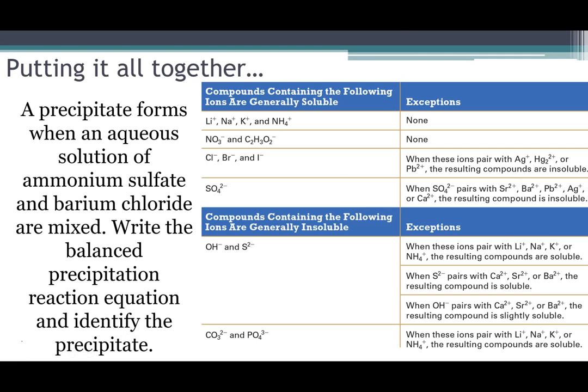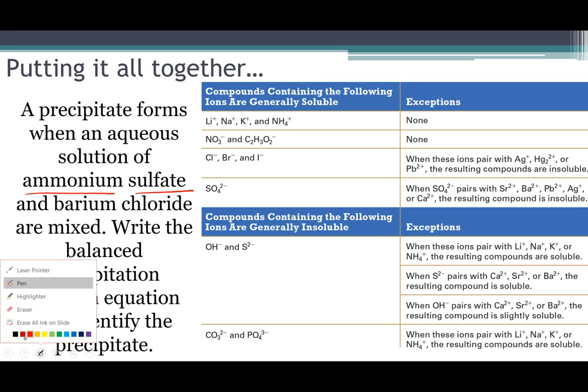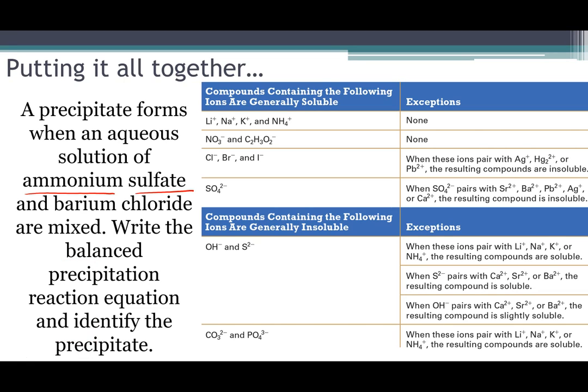So let's start getting those on the paper. Ammonium sulfate, both of those are polyatomic ions. So if you have lost that polyatomic ion sheet or chart, I'll post one in helpful handouts. It's probably a good idea to have that accessible.